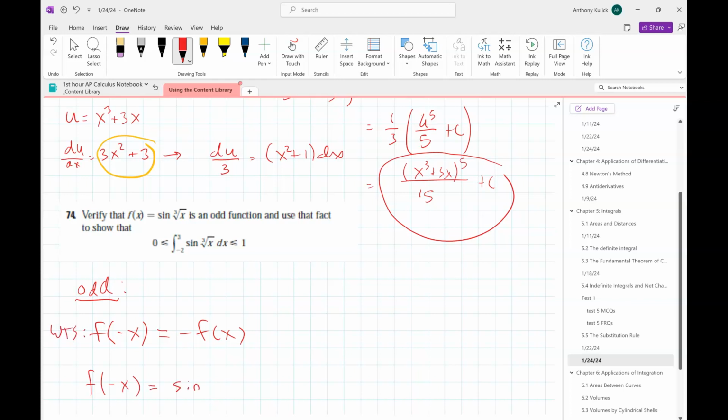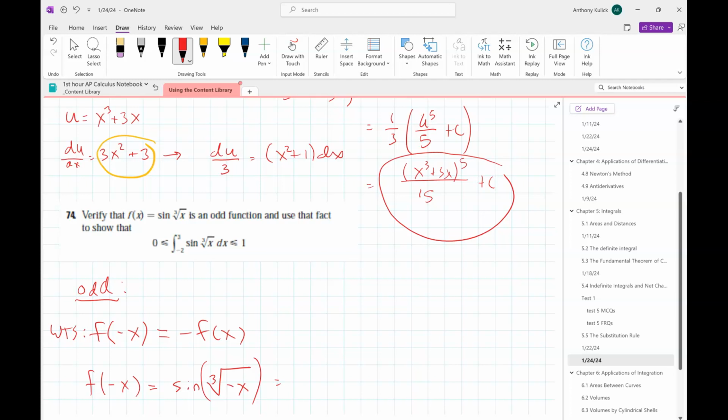So that's going to be sine of the cube root of negative x, right? So when I take the cube root of a negative, like the cube root of negative 1, it's going to be negative 1, right? Because negative 1 times negative 1 times negative 1 is negative 1.